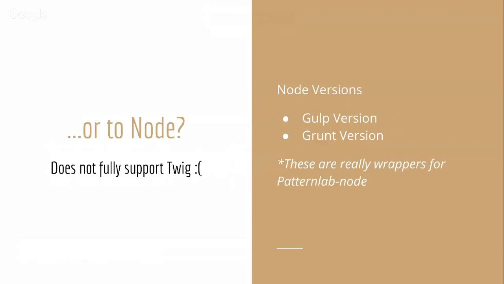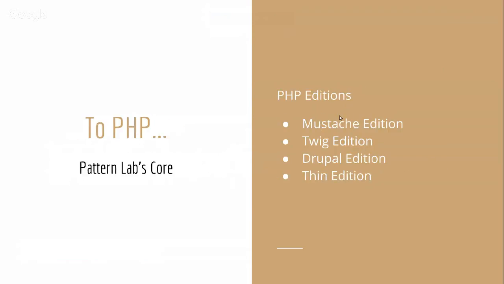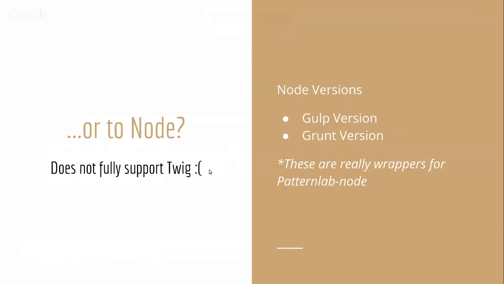Yes. Okay. Yep. And so you have different editions. You can use a Mustache engine if you were doing some templating that way. Twig. There's actually a Drupal edition. And on the Node side, these are really wrappers.